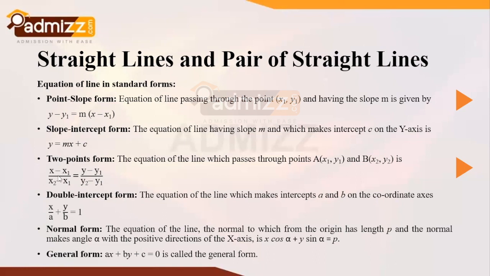This is the thing which we are supposed to remember. The point values you simply substitute in this equation, and then after simplification you obtain the equation of the line which passes through the two given points.